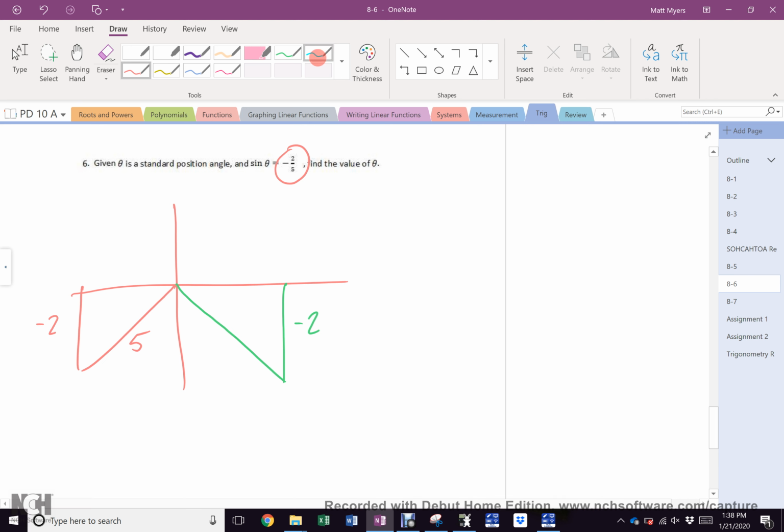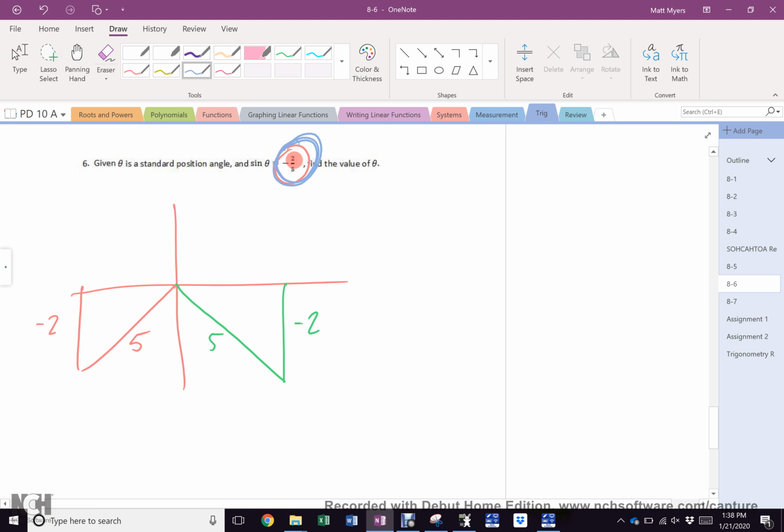What's this? 5, because the hypotenuse is always positive. Why? It's the square root of something. Can it be negative? Okay. So now, what does this mean? This means there are 2 angles that share that sine value.